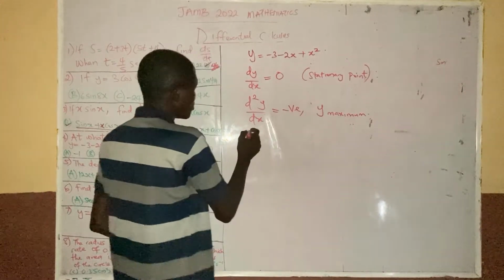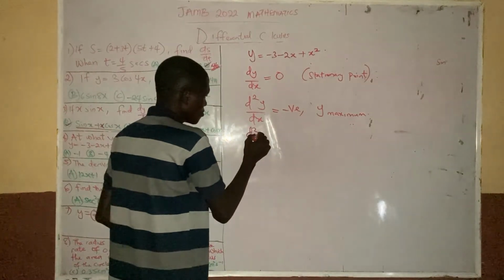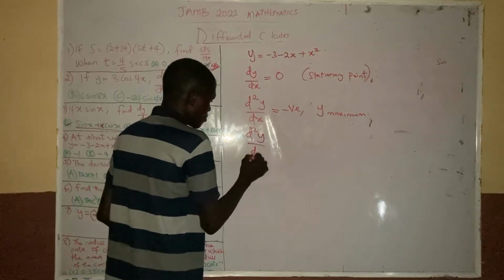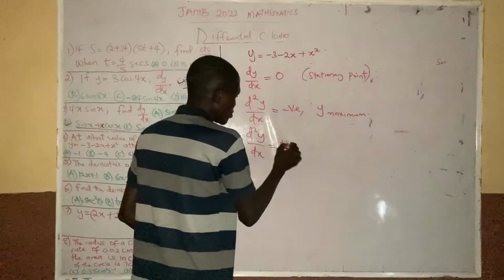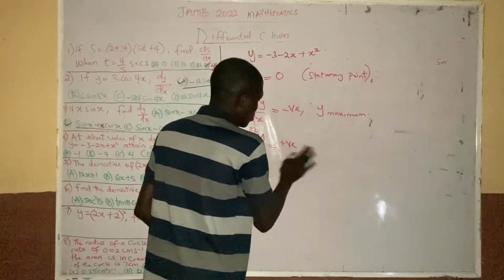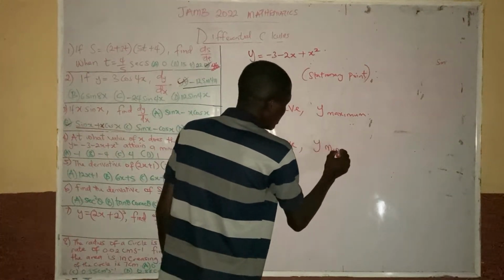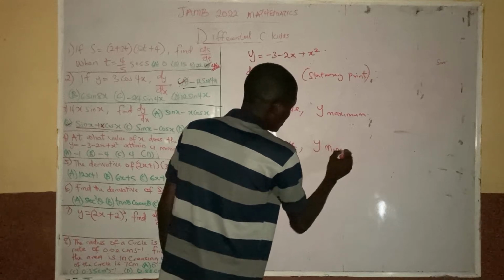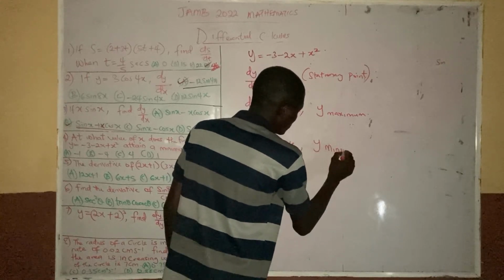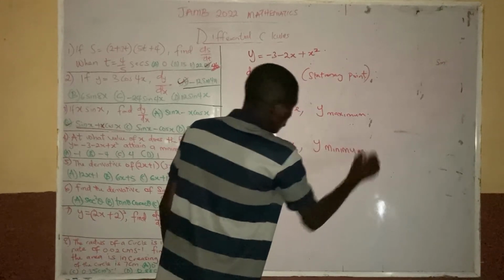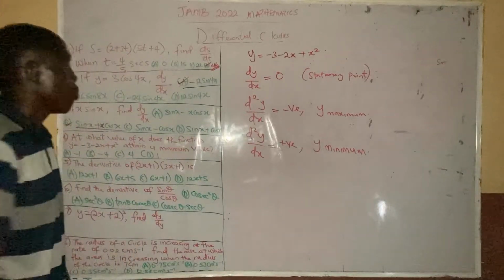When you get a positive number, we say y is minimum.